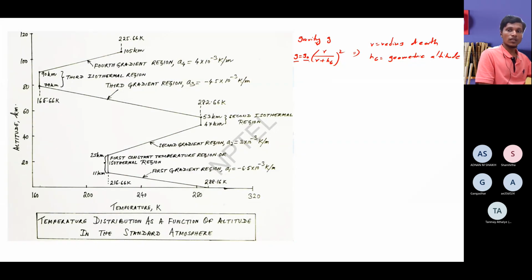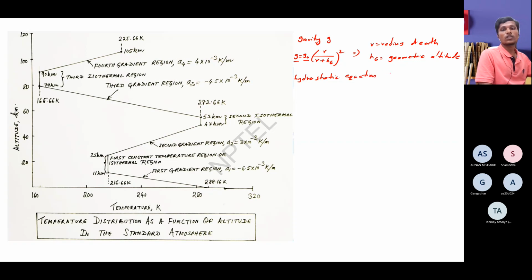This equation clearly shows that g decreases with your height as the denominator becomes greater. We also have one more equation to understand the pressure variation with respect to altitude. That is a governing equation we also call the hydrostatic equation.